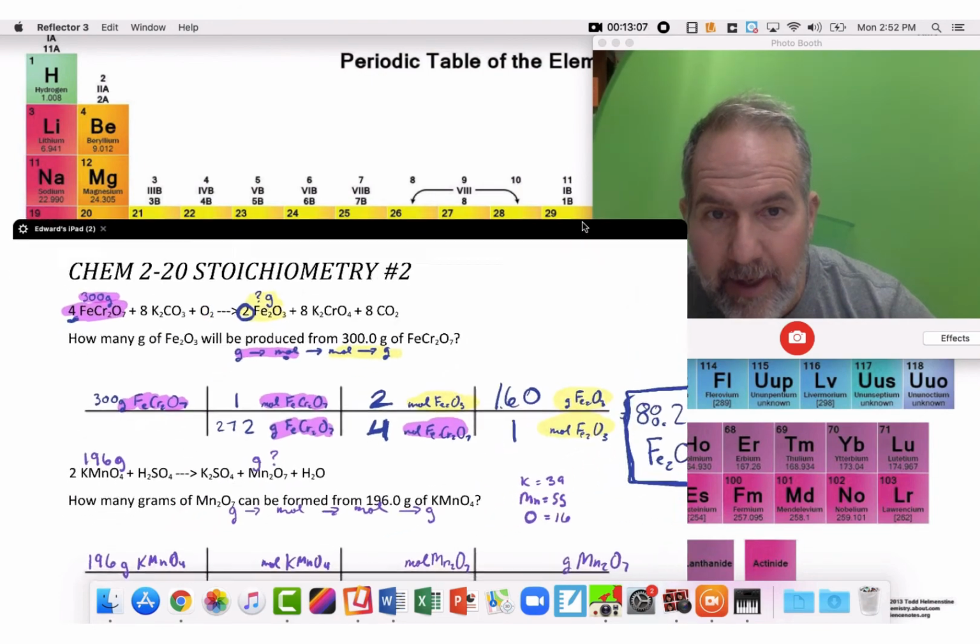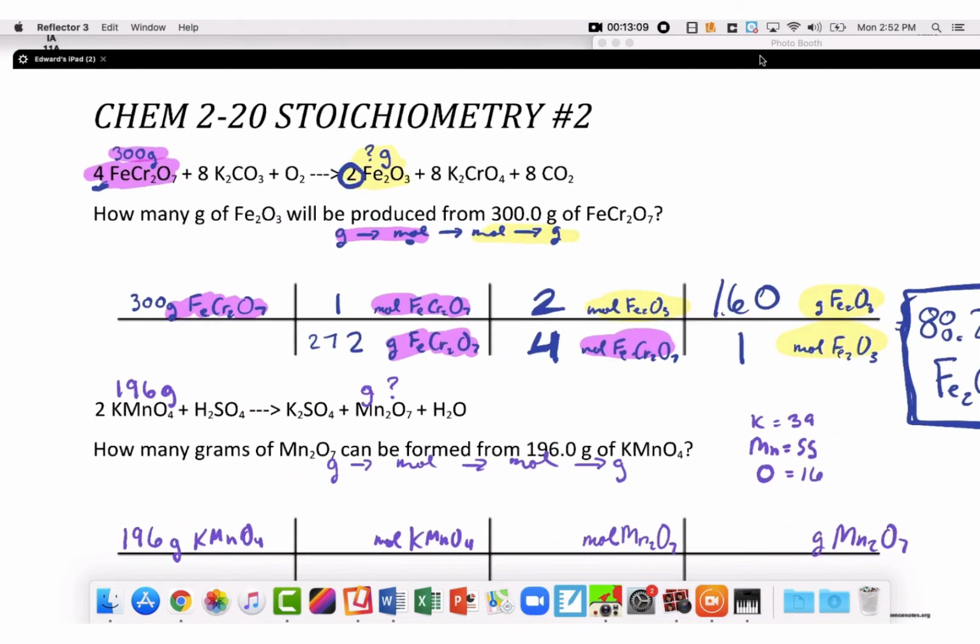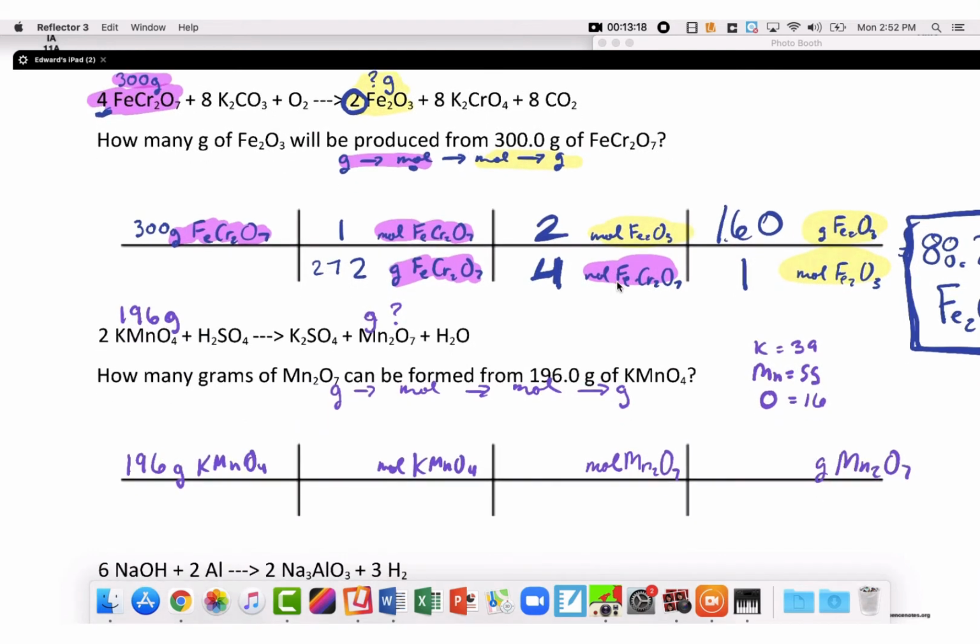All right? Now, let's see what happens here. We'll add them up. So I'm just going to write it right in the spot where it's supposed to be. Let me scroll up a little bit. So we have K, 39. I'll punch that in the calculator as we speak. Click, click, plus Mn, which is 55. Click, click, plus 16.